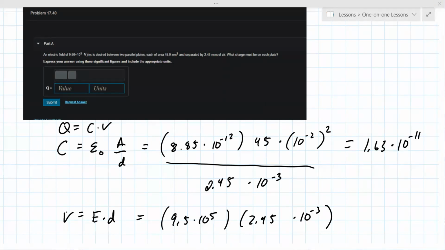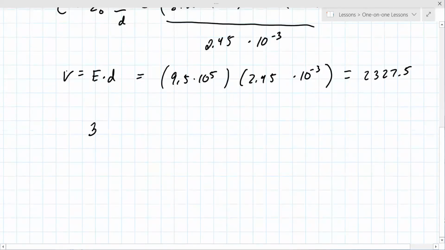And then V ends up being about 27.5. And then you take the two values and multiply them together. And I get 3.78 times 10 to the minus 8. So maybe 3.8 times 10 to the minus 8.